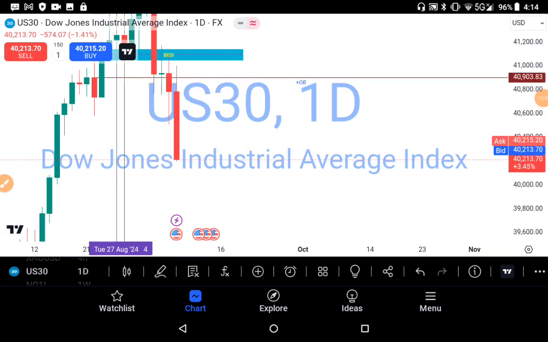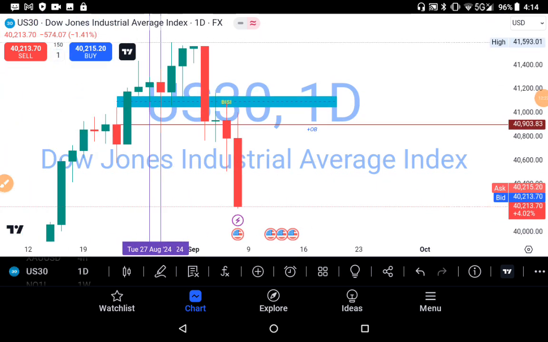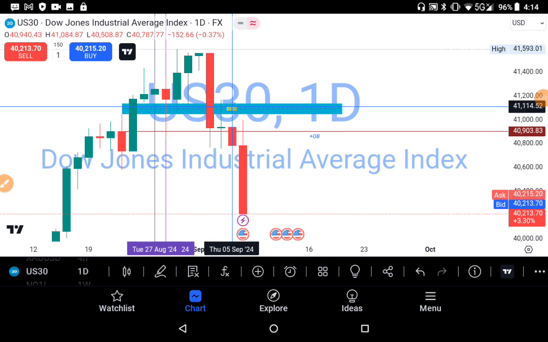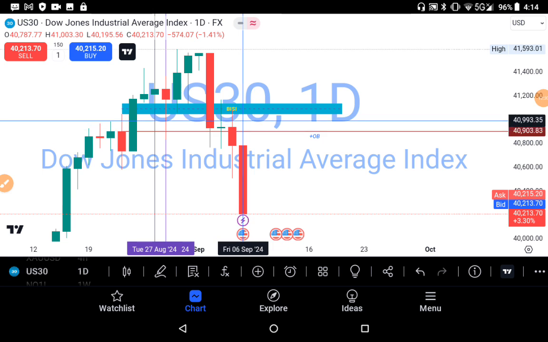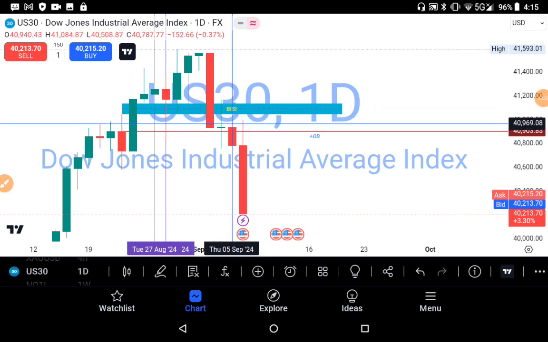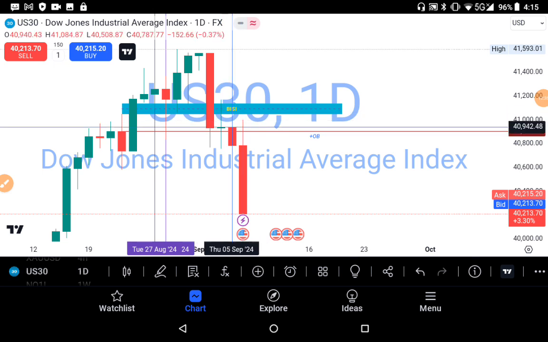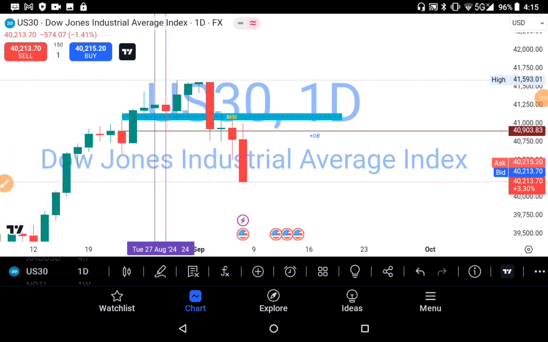The BC turns to an inversion fair value gap because it held the price. You can see from that level the market price starts dropping from there.